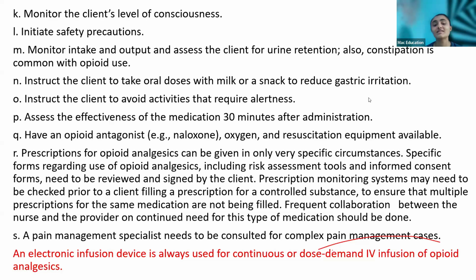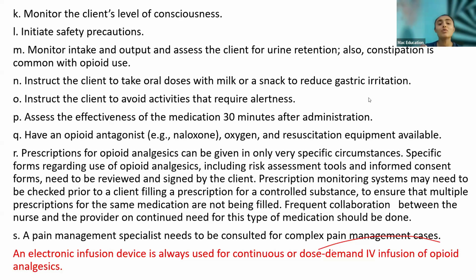Prescription for opioid analgesics can be given in only very specific circumstances. We know opioid analgesics cannot be prescribed initially. If there is much more need, only then we can give the opioid analgesics prescription. Specific forms regarding the use of opioid analgesics, including the risk assessment tools and informed consent forms, need to be reviewed and signed by the client.